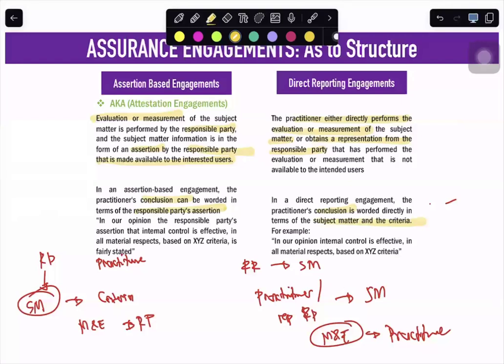So, for example, in our opinion, the internal control is effective in all material aspects based on XYZ criteria.